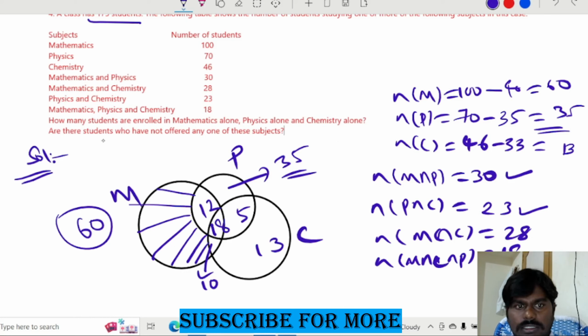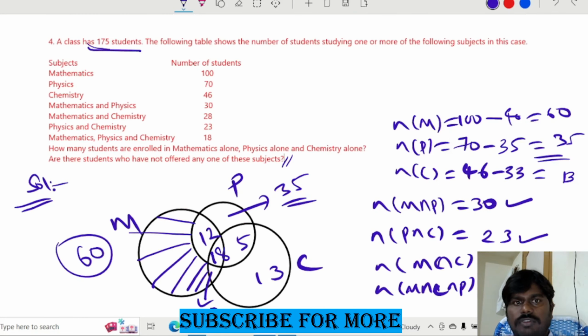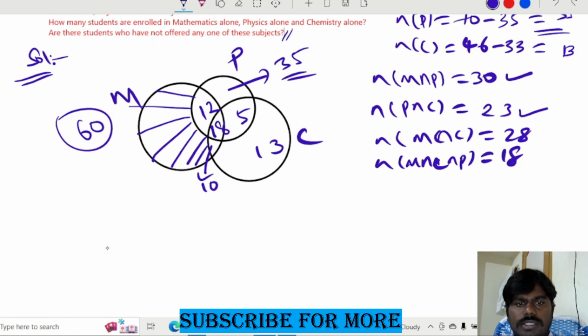So are there students who have not offered any one of these subjects? That is also one of the questions. So here what we have to find out, they have given the total number of students, that is 175. Now that we have to use. So total students we have 175. Now these many students have enrolled in different subjects.